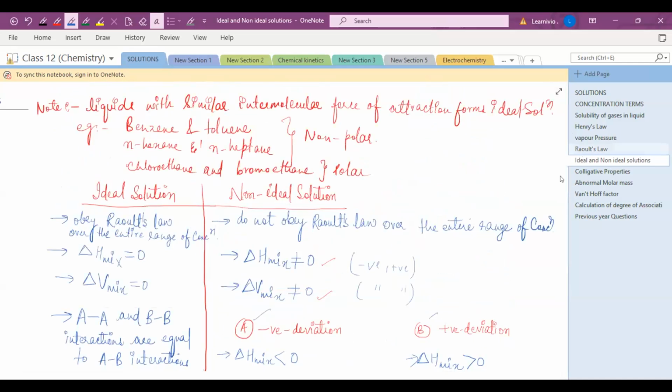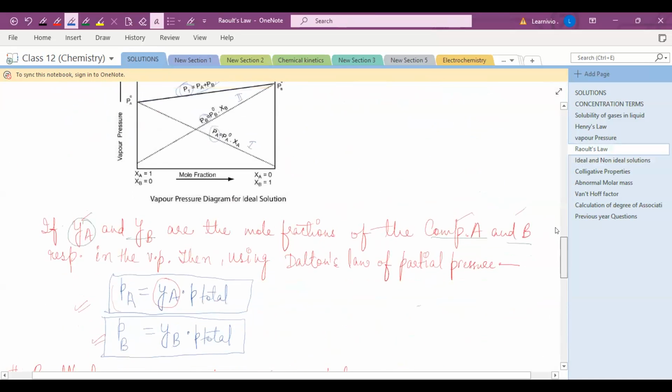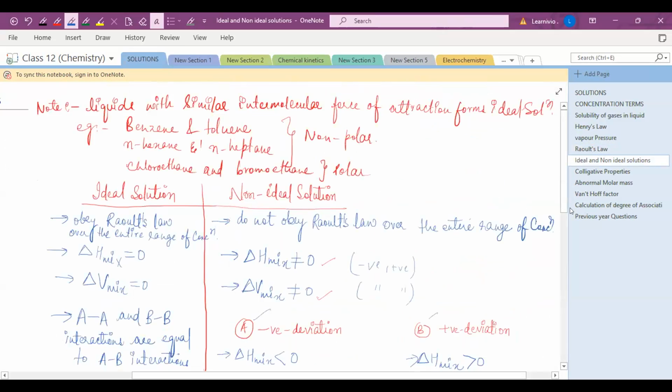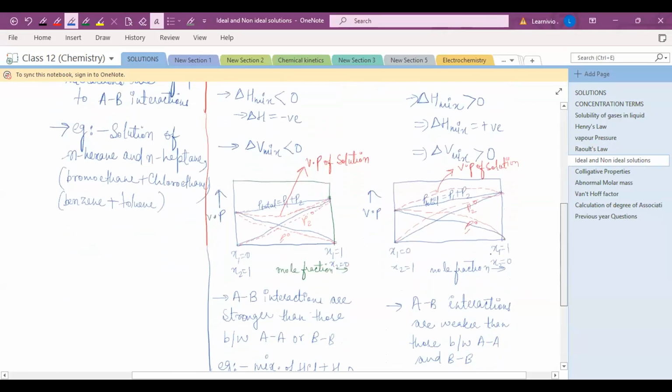That was the graph of the ideal solution, which obeys Raoult's law. So for an ideal solution, it will be a similar graph. But the non-ideal solution doesn't follow Raoult's law. See these two graphs. This first graph is the negative deviation.